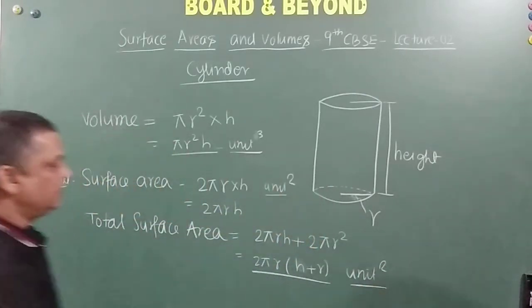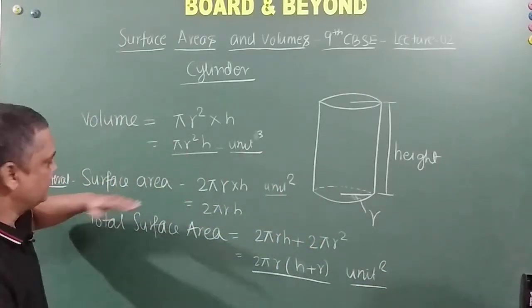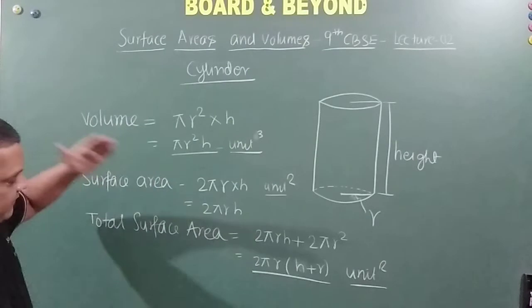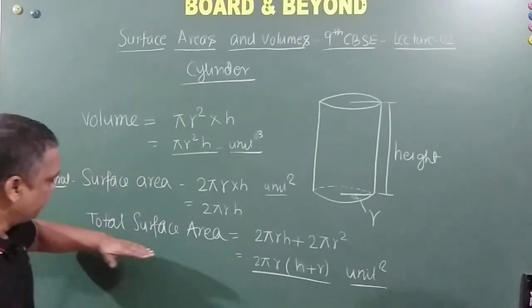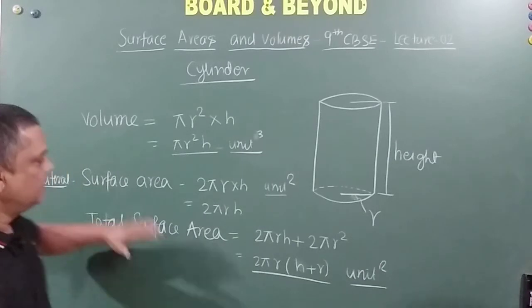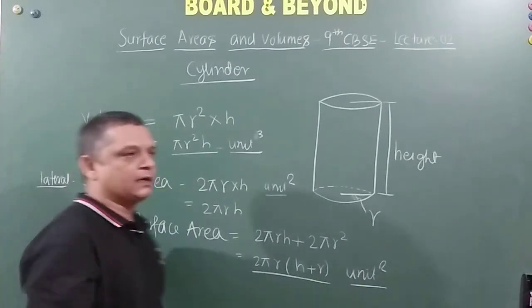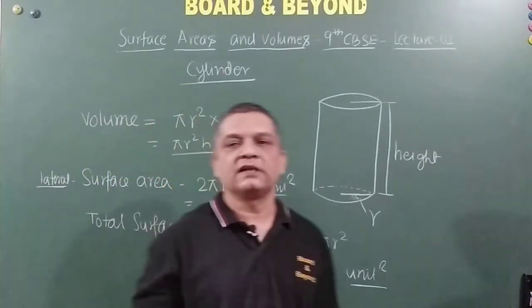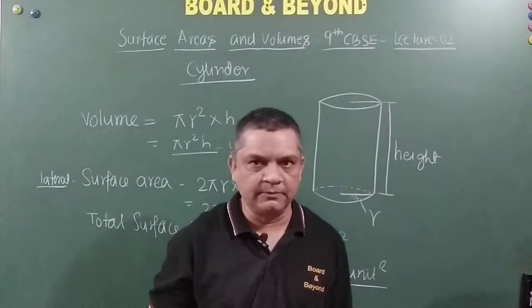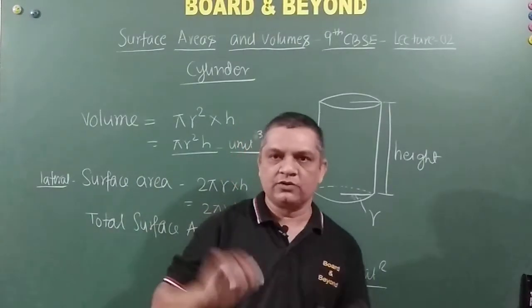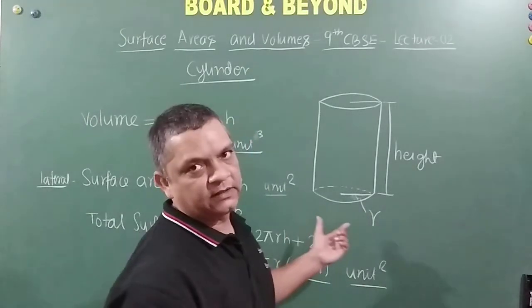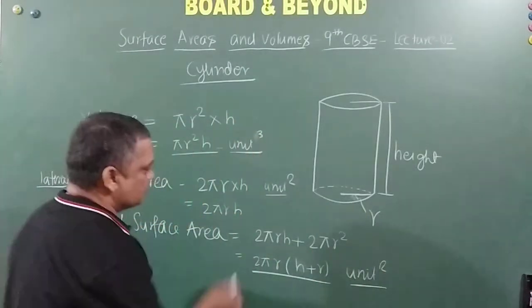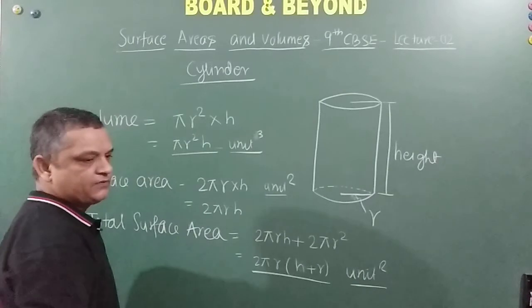Now you are getting it? So we have found out the curved lateral surface area, and we have found out the total surface area. Lateral surface area for a cylinder is also known as curved surface area sometimes, so please don't get confused. Curved surface area and lateral surface area are the same here, right? So these are the three things that we have seen now.